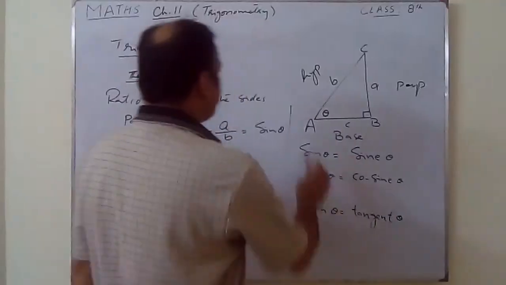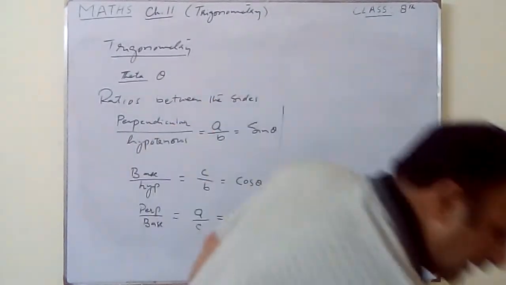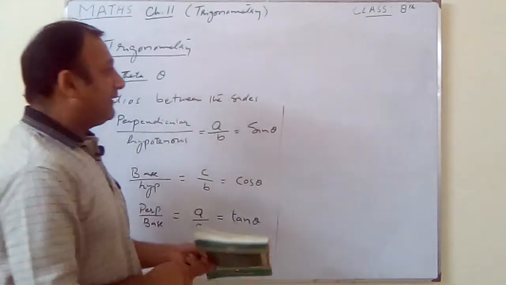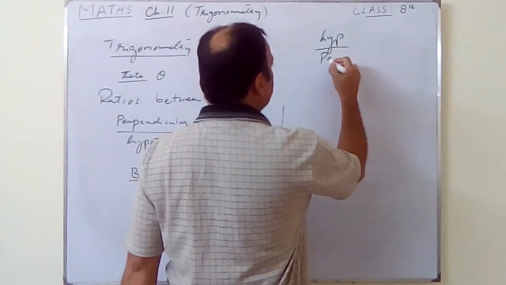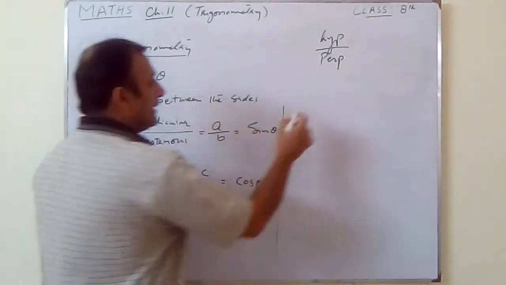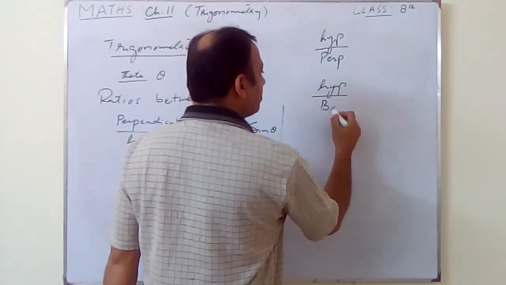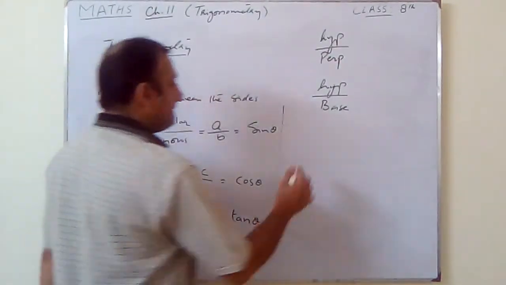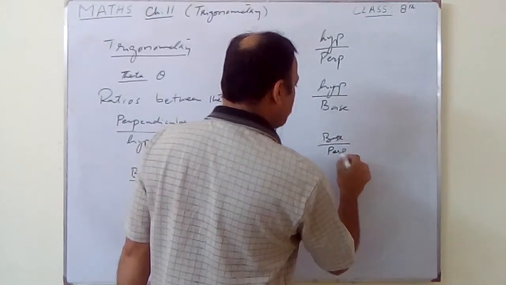But I have said perpendicular over hypotenuse, base over hypotenuse. What if it is hypotenuse over perpendicular, hypotenuse over base, or base divided by perpendicular?